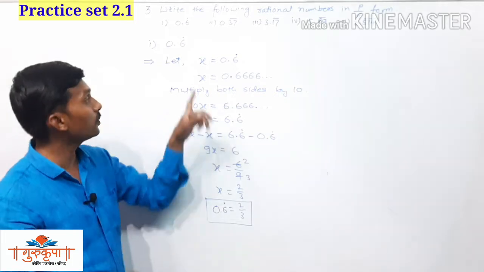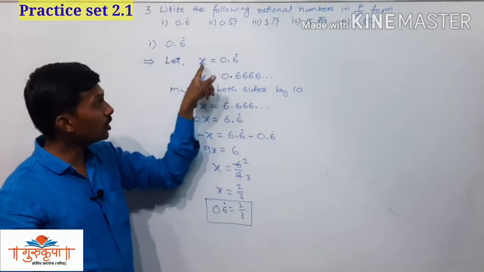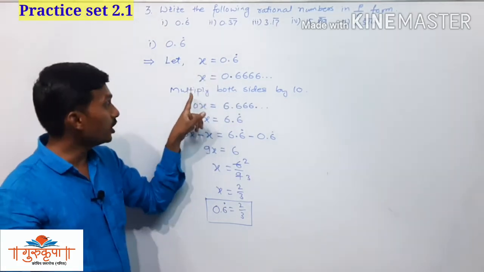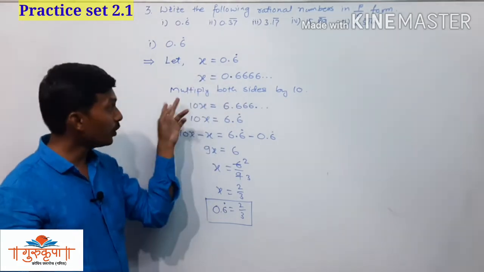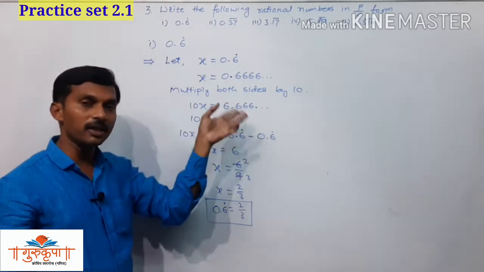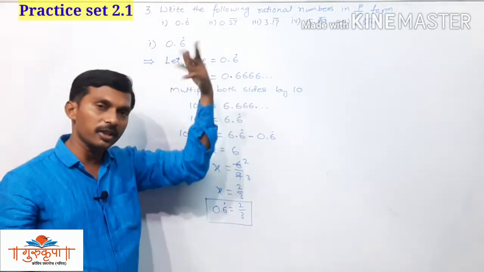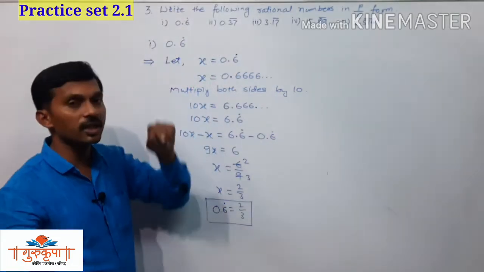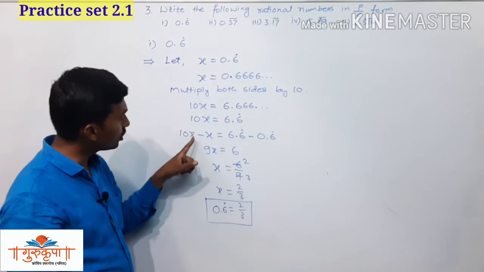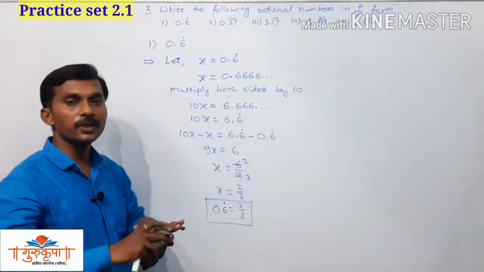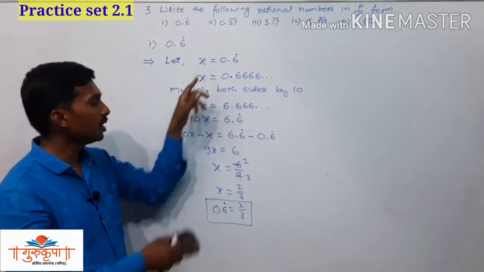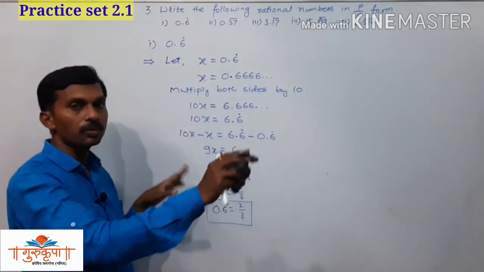In the first step, you have to represent the given decimal form by an unknown variable. In the second step, we multiply both the sides by either 10 or 100 or 1000 or 10,000 or 1 lakh or 10 lakh. It depends upon how many digits get recurred. And in the third step, we have to subtract x, the variable which we use here. If we use m, then we subtract m from both the sides.